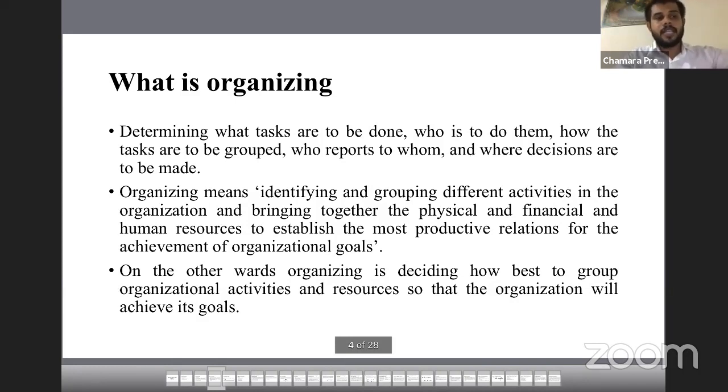So in the first stage, you identify all the jobs. In the second stage, we group them according to their similarities, right? Once you do that, we assign the duty. Assignment of duty means officially we say that you should do this one.